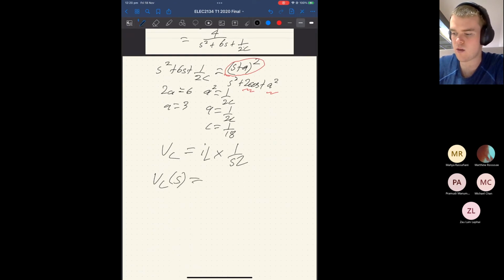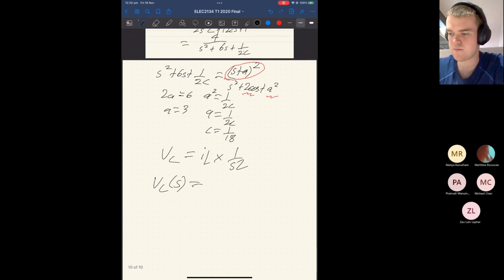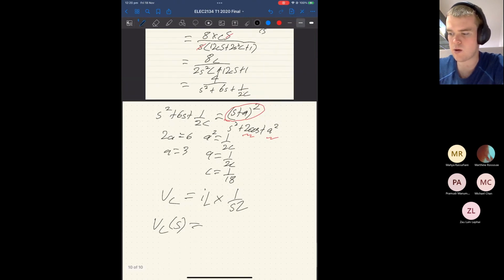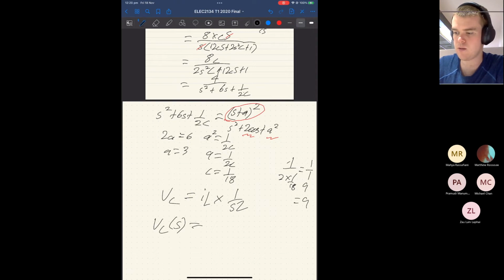VC of S is equal to that answer that we had there. And we know that C is 1 on 18. So then we have 1 on 2 times 1 on 18, which is just going to give us 1 on 9, which just gets you 9. Okay.